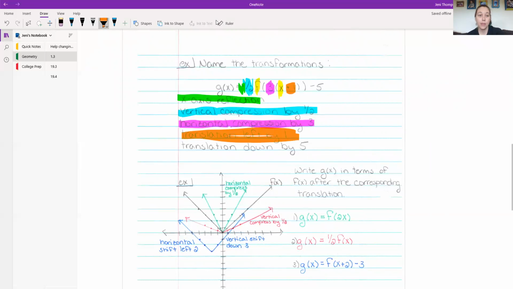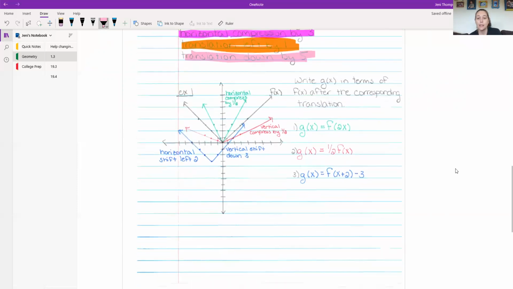And there's one more thing happening to the graph: subtracting 5 on the outside. Adding or subtracting on the outside means we're moving the graph vertically. Since it's -5, we know we're going down. We're translating down 5. So that's kind of a mishmash of everything all together, and that's how you break it down to figure out everything that's happening.